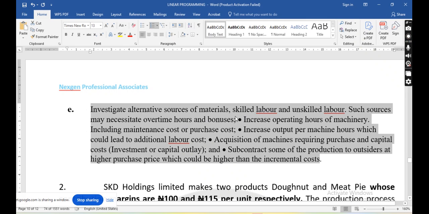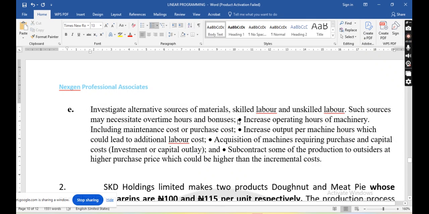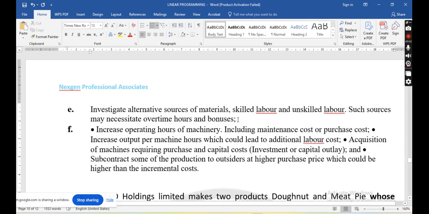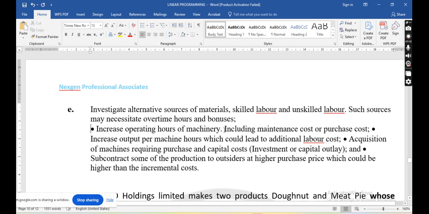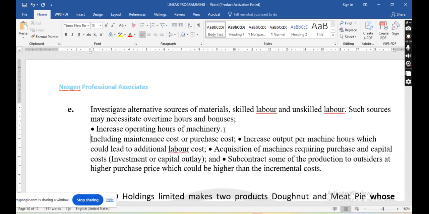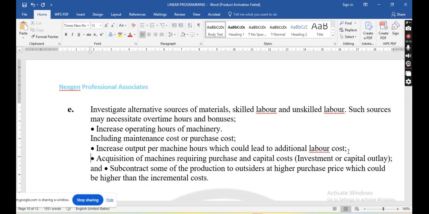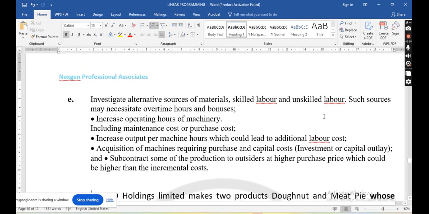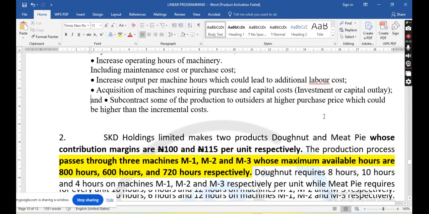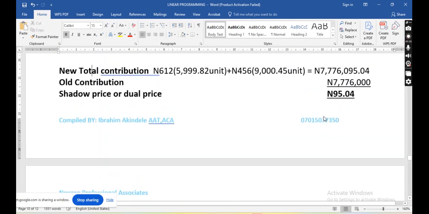For them to overcome the constraints, they can decide to increase operating hours of machinery. They can decide to engage in overtime so that they can achieve this objective. So, class, I think I'm tired and we need to go.